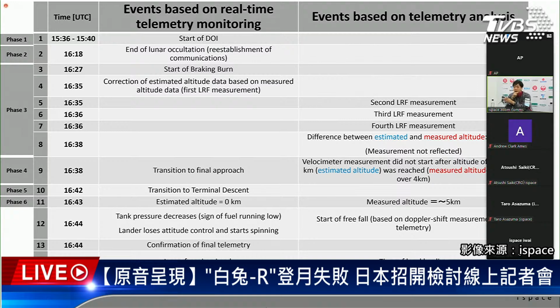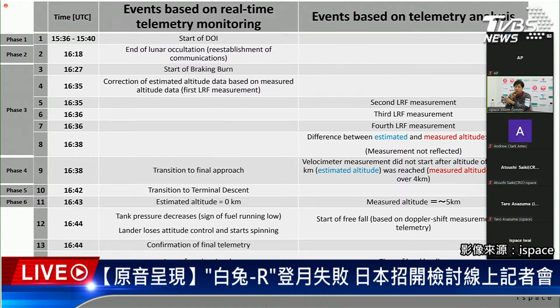That means at that moment we really expected touchdown to happen, but unfortunately it did not happen. Even after that, the lander kept descending, and we also confirmed the altitude was negative. However, in the right-hand column, with the post-flight analysis, we also confirmed the actual touchdown moment.